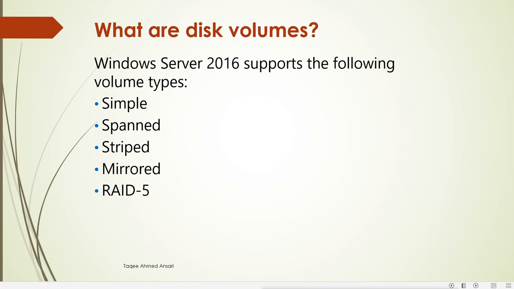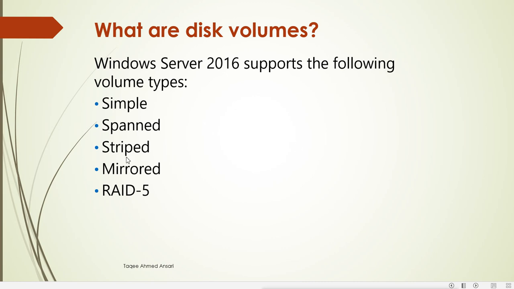That is called a span volume. In the first disk it will take the whole 60 GB, and from the next disk it will take 20 GB, and a total 80 GB partition it can create. So this is what a span volume is. It can store the data from one disk to another disk.